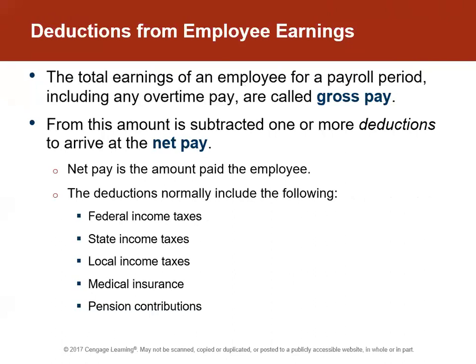But what I want to focus on are the journal entries for payroll and the payroll liabilities. So the total earnings of an employee is gross pay. That's what you never see, right? The gross pay is what you don't see. That's before we take out everything. So gross pay is like your base salary, like your yearly salary is your gross pay. Net pay is what you actually get in your paycheck, okay?